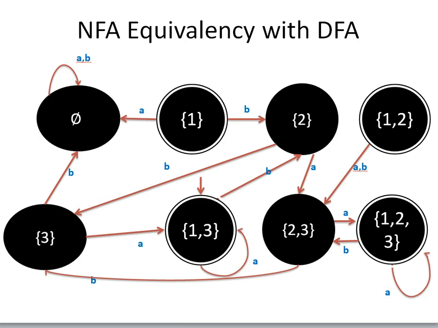So here we have the production of each one of these states. So you see here, this is the power states. Each one of these sets in the power set would have its individual state. Right, so here we have phi, the set 1, the set 2, the set 1 and 2, the set 3, the set 1 and 3, the set 2 and 3, and the set 1, 2, 3.